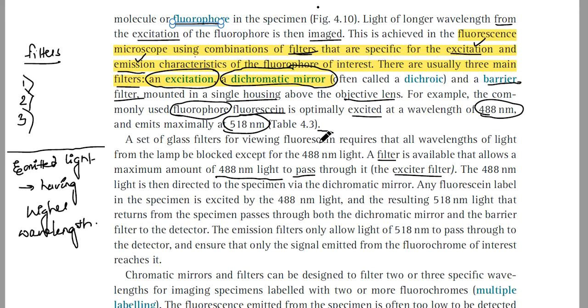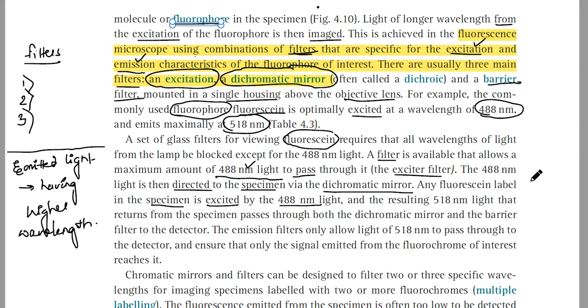When we are talking about fluorescence, then we have to note down that the excitation filter used here is allowing only 488 nanometer of light to pass through it. Okay, so the 488 nanometer light is then directed to the specimen via the dichromatic mirror, the same principle which we discussed. So any fluorescent label which is there in our specimen is excited by 488 nanometer light.